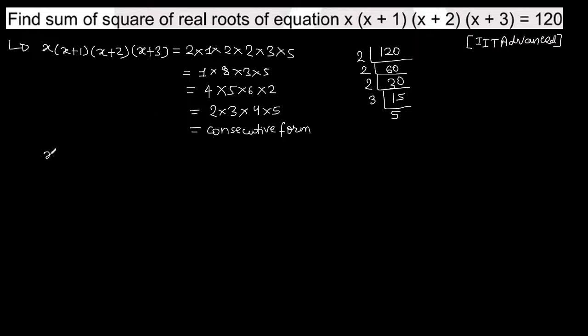So now if x is 2, x is minus 2, so x is minus 5.